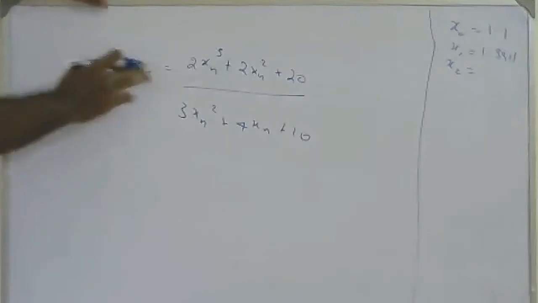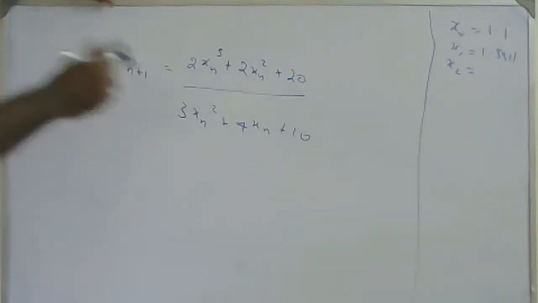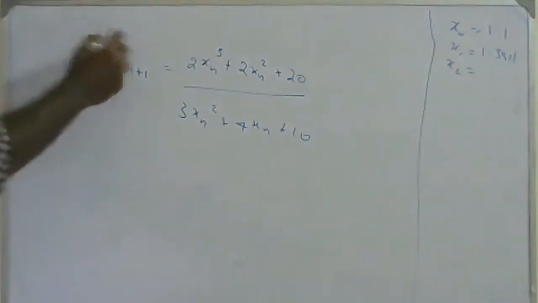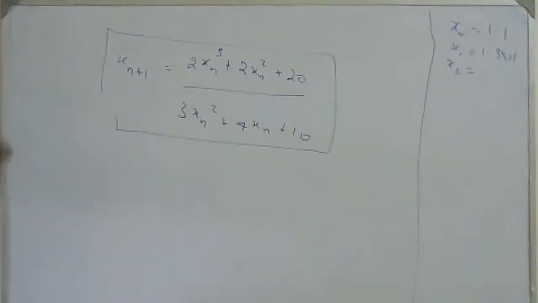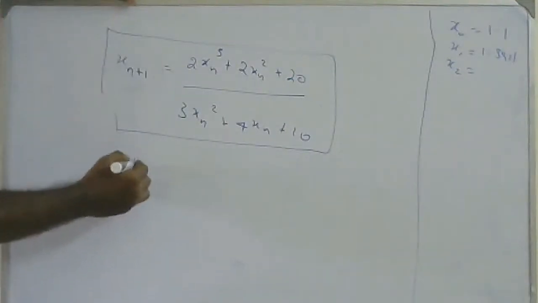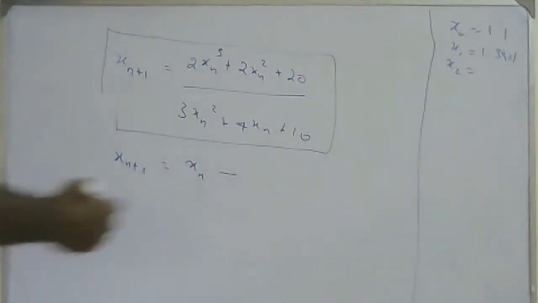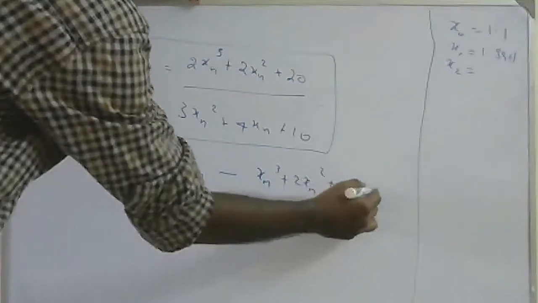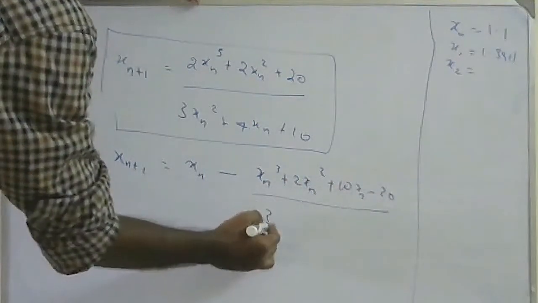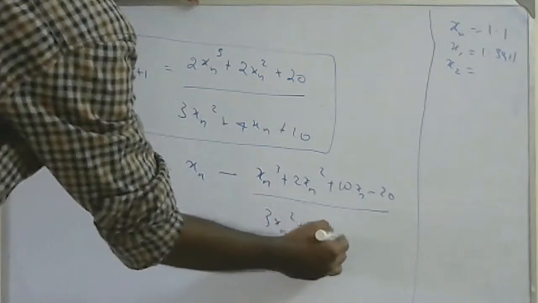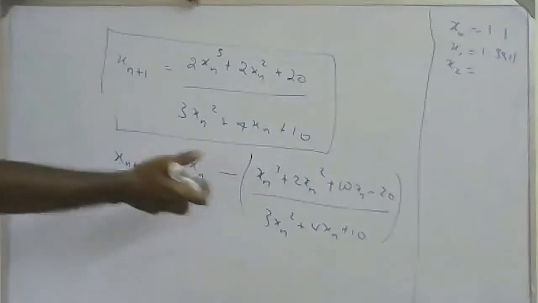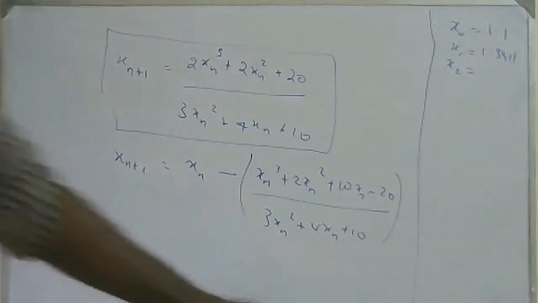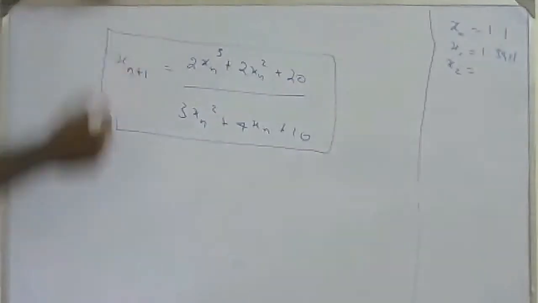I just factorized it. So xn plus 1 equal to xn minus (xn cube plus 2xn square plus 10xn minus 20) divided by f dash, 3xn square plus 4xn plus 10. If you take LCM and calculate it, you will get this. It will be easier to calculate.